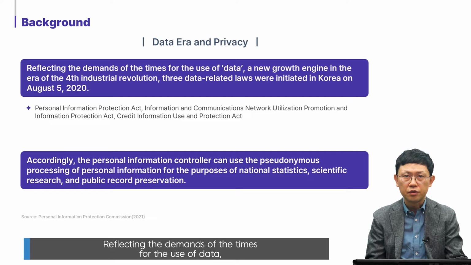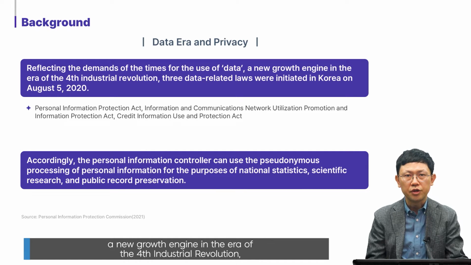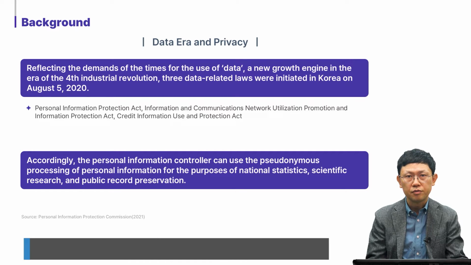Reflecting the demands of the times for the use of data, a new growth engine in the era of the Fourth Industrial Revolution, 3 data-related laws were initiated in Korea on August 5, 2020: the Personal Information Protection Act, the Information and Communications Network Utilization Promotion and Information Protection Act, and the Credit Information Use and Protection Act.